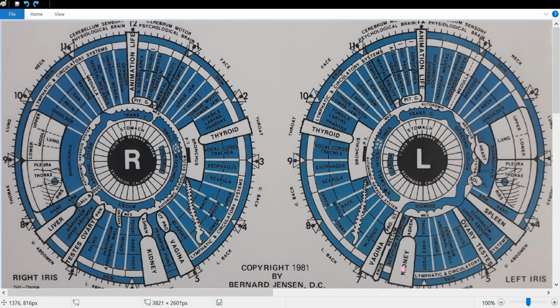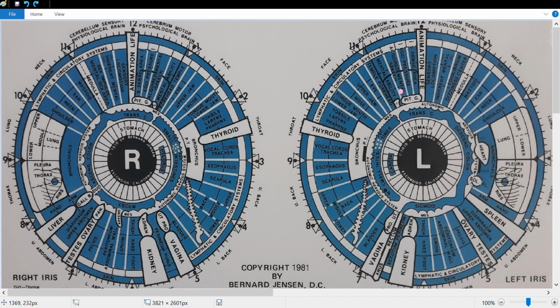And another difference in this chart is that Bernard Jensen mapped out these different sections of the brain, and he calls those brain flares. So we have different sections that are given different qualities and attributes based on the part of the brain that these sections are placed in.